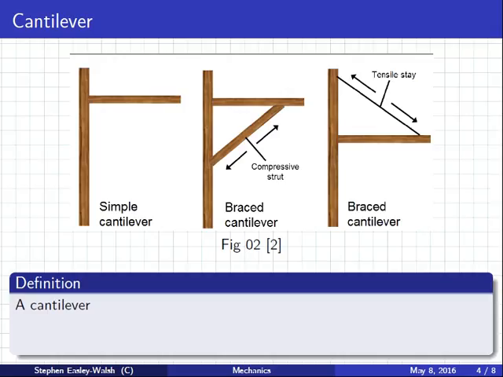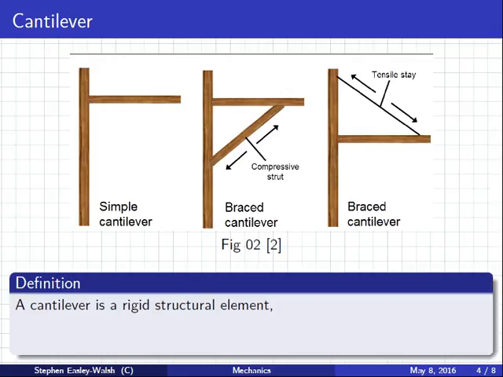Okay, you got that? So the formal definition, what exactly is a cantilever? A cantilever is a rigid structural element. What does the word rigid mean? Give me another word. Something else. The opposite of fragile.